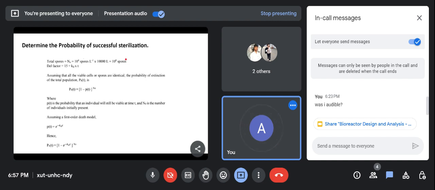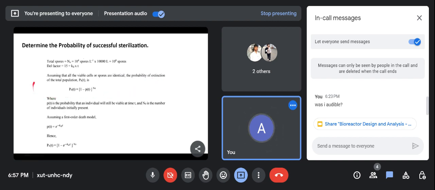So in the total system of 10,000 liters, you have 10 to the power 8 spores. You know that the del factor is given as 50, and the del factor is also equal to the rate constant of death into time. You are assuming that all the viable cells or spores are identical, in the sense that they will be equally affected by the sterilization.